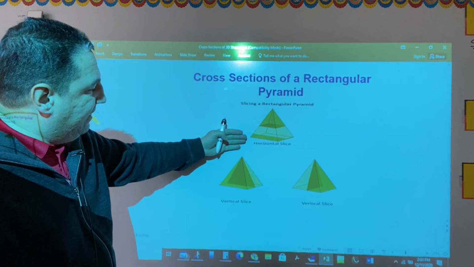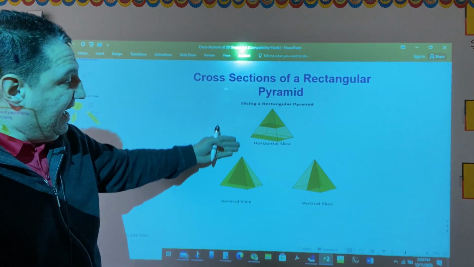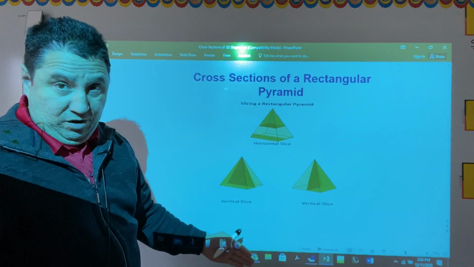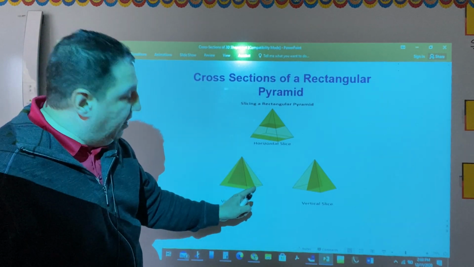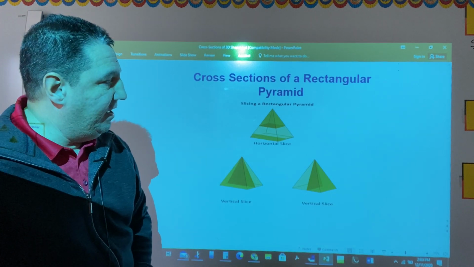If we cut the same rectangular pyramid exactly through its apex, the resulting cross section would be a triangle.